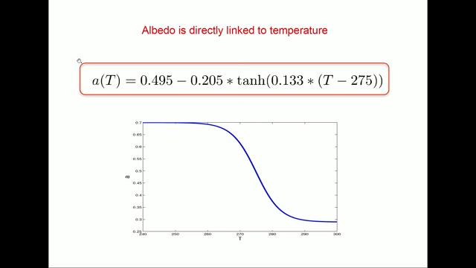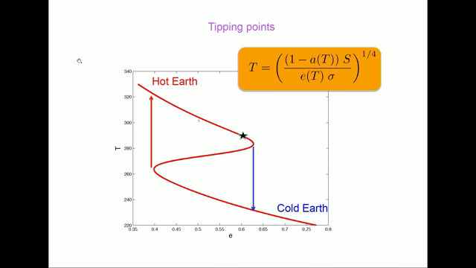So for low temperatures, you reflect almost everything, and for high temperatures, you reflect much less. If you combine that with the emissivity, the earlier calculation, you get this rather interesting picture which shows how the temperature here is a function of emissivity here.